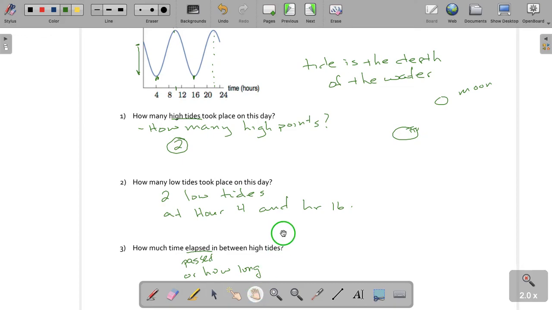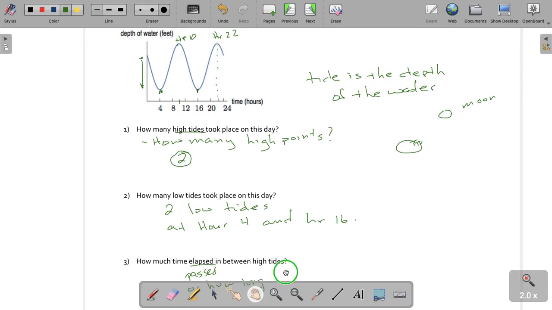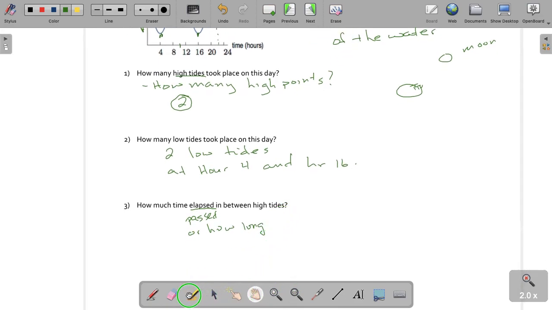Okay, well, if we remember, we've got hour 10 and hour 22. So we have to ask ourselves, what is the difference between hour 10 and 22?